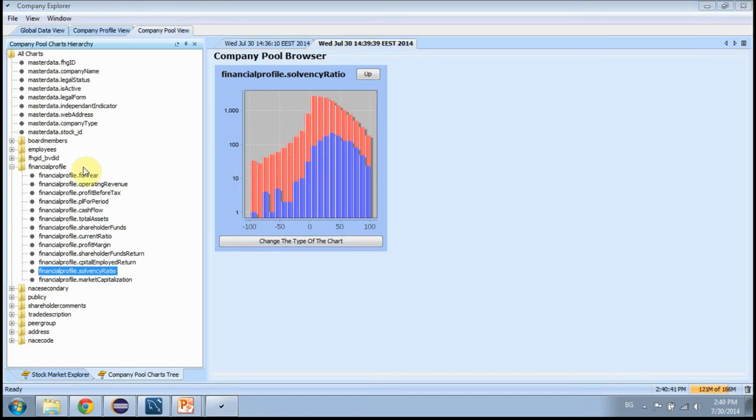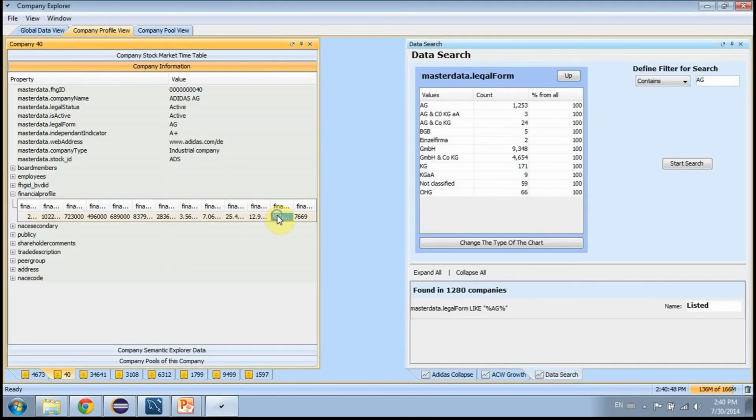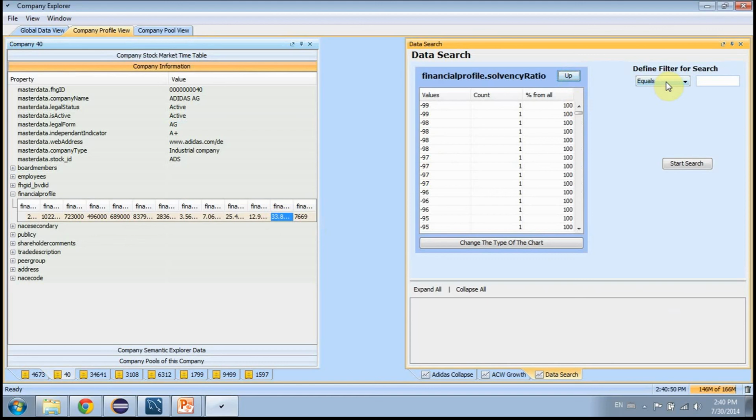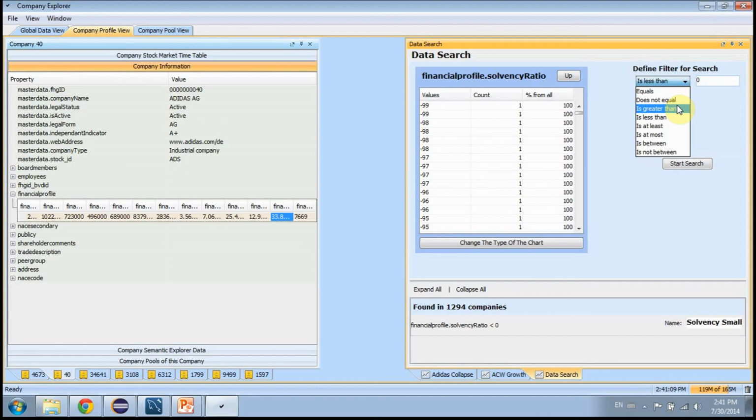This is why I would like to create another split here. I will look at the solvency ratio and I will create less than 0. Solvency small. I will create one which is at least 0.